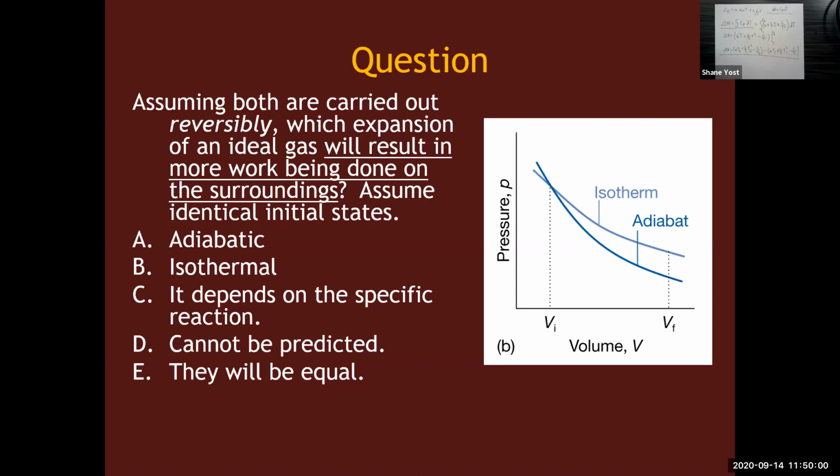So the volume is increasing and the temperature is dropping, which means the pressure is dropping even more rapidly than in an isothermal process, where the temperature stays the same. In both cases the volume is increasing by the same amount. But in one case the temperature stays the same, while in the other the temperature drops, and the pressure decreases even more rapidly for the adiabatic expansion, which you can see in this plot.